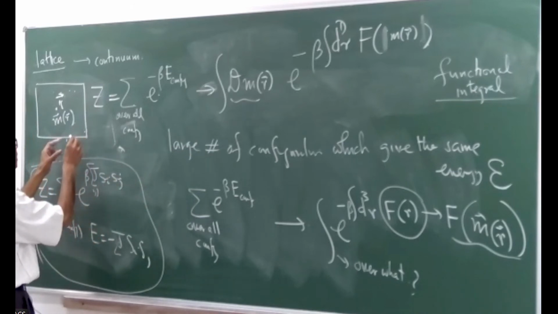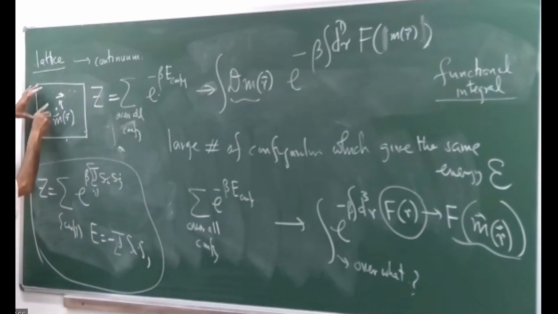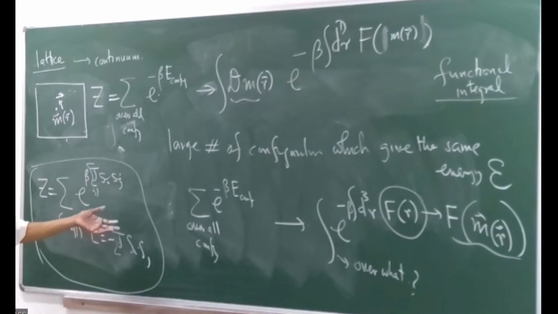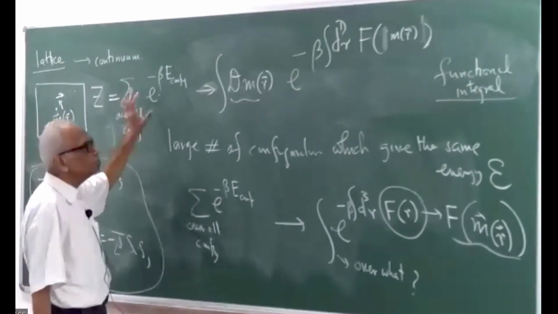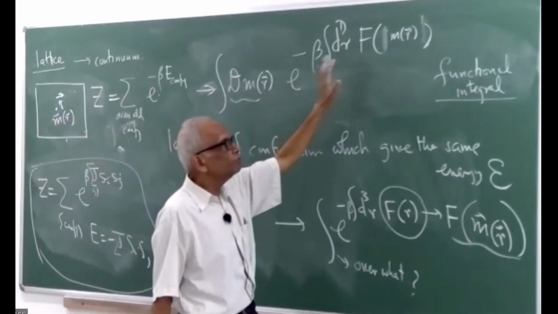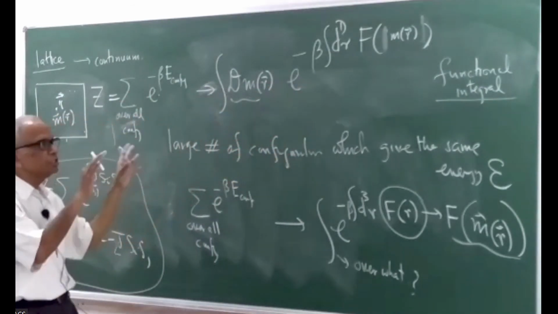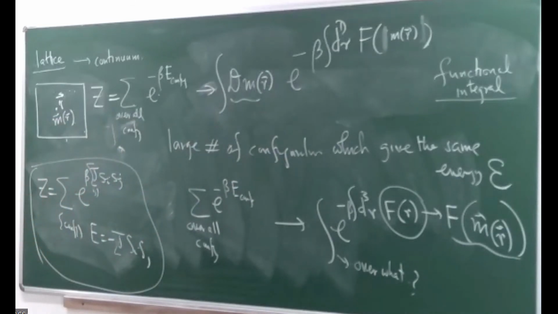Over here it is all smeared out in this volume d3r. That smearing means I bring in a set of configurations, and that changes the energy to the free energy. So instead of energy, I have to write down a free energy.